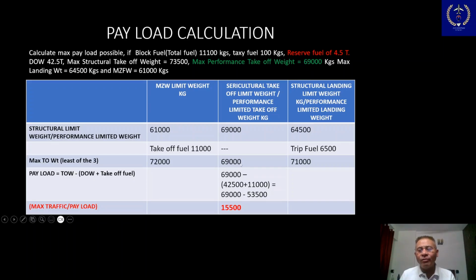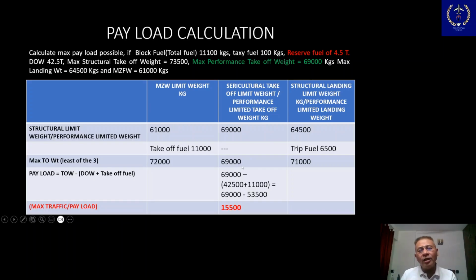So maximum takeoff weight is 69 tons. The landing weight is 64,500. In that, if we add the trip fuel, which is 11,000 minus 4,500, which is 6,500, then we get 71,000 kgs. So as I said, we will have to take the least of the three. That is 69,000 kgs.